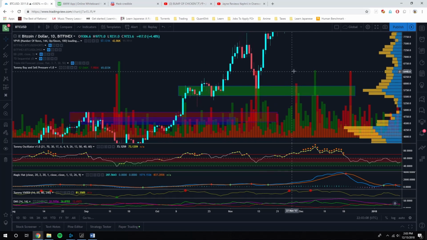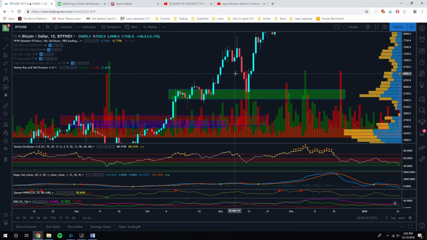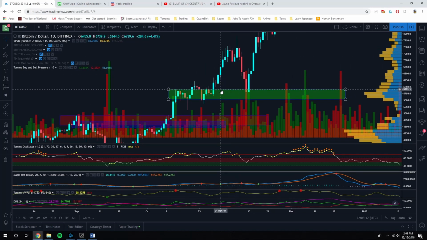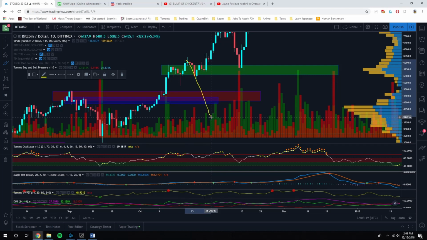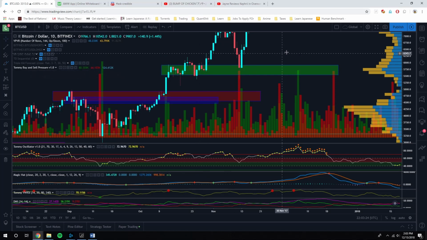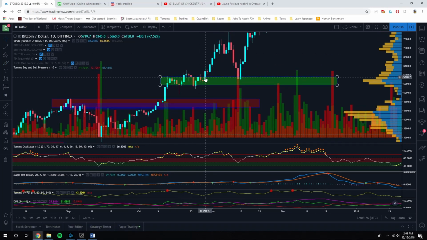In the case of a support order block, you basically just long on the primary order block because you never got a rejection. You got a pullback, but you never got a rejection. So you would long at the primary order block over here whenever it hit this green box.